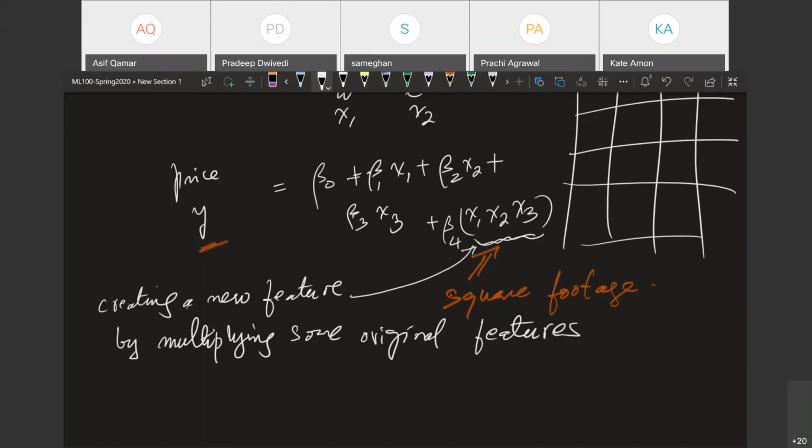Are we together, guys? And this sort of multiplication is called interaction terms. This is an old word that comes from the statistical literature. They refer to these terms as interaction terms, where width and length and floors interact together to create a new important feature called the square footage.